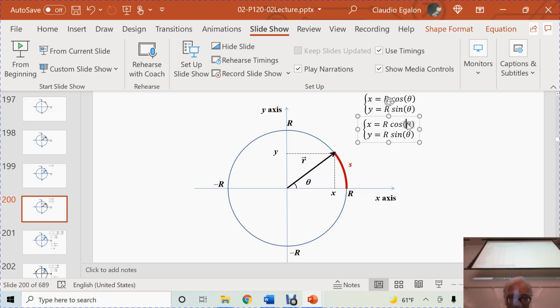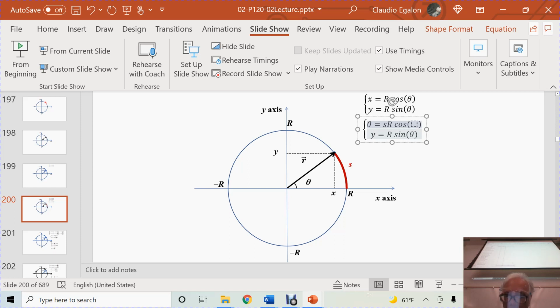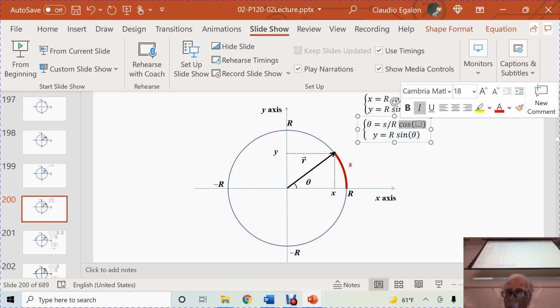And the definition of angle, I'm going to write that down for you, is the length of the arc divided by the radius of the circle.